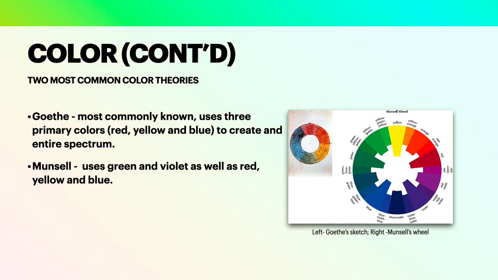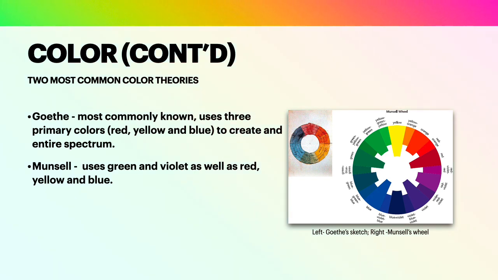The Munsell system was developed in the 20th century. The goal was to accurately be able to describe colors using numerical references. So each color is represented by three numbers which symbolize hue, value, and chroma, also known as intensity.